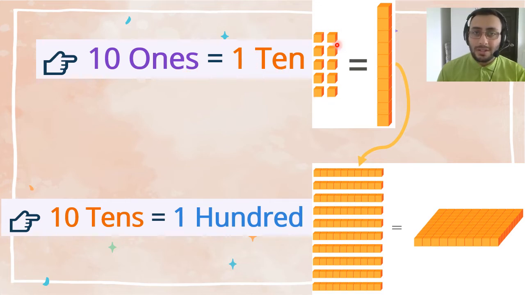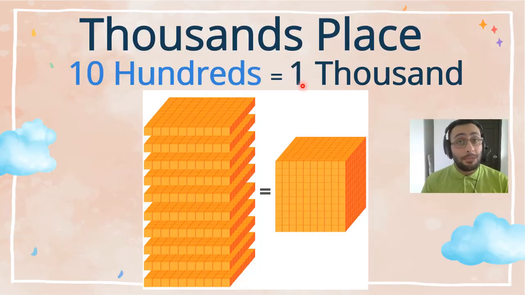See, 10 ones, we glue them together. We group them together as 10. Now, what if we have 10 tens, like 10 tens? We can group them together, glue them together as 100. Easy.